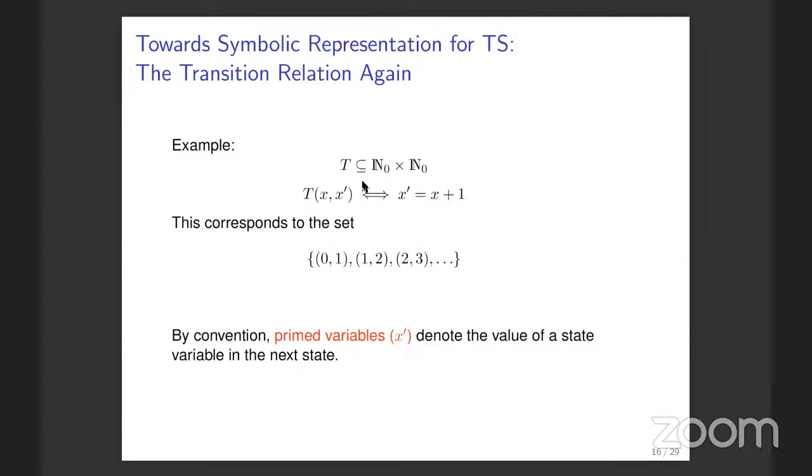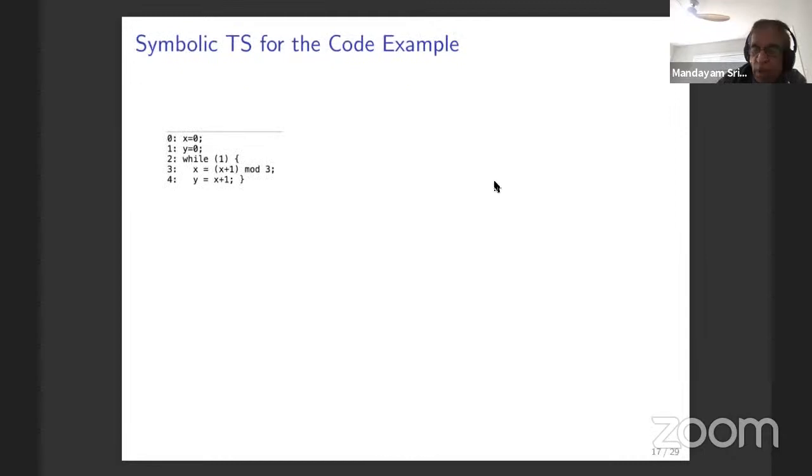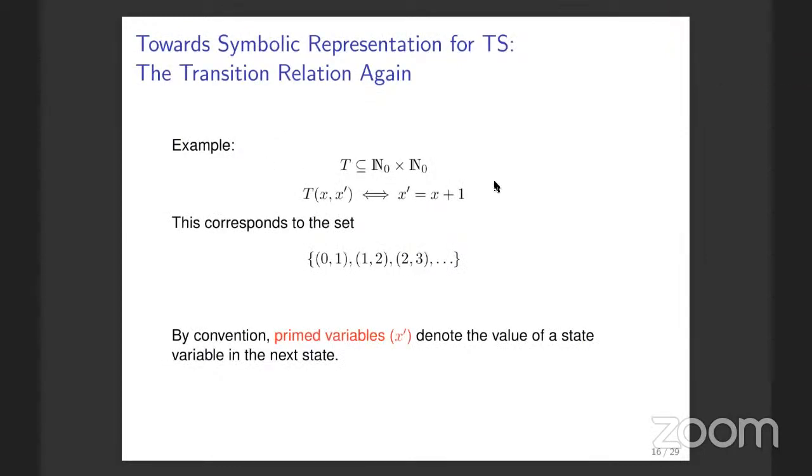Here I'm exactly stating the transition relation corresponding to the execution of the statement x gets x plus 1. Using this idea, any questions?